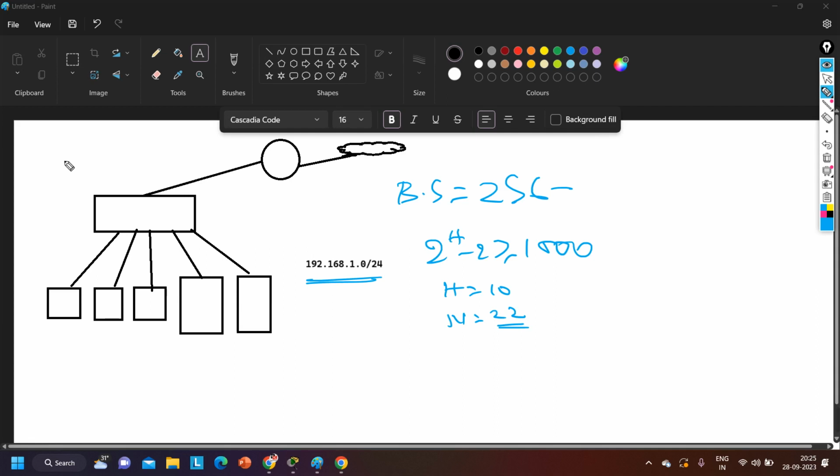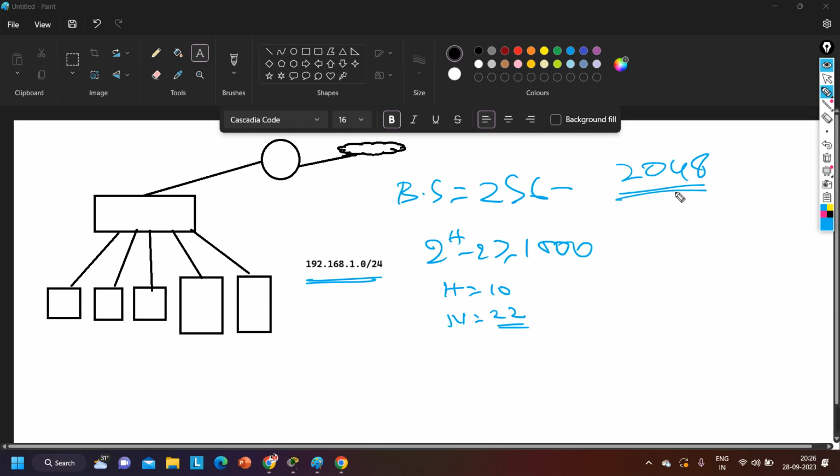Okay, suppose we require 1,200 hosts. So it should be 2 raised to 11, which means 2048. Exactly, 2048. See here, we are losing a lot of host IPs.